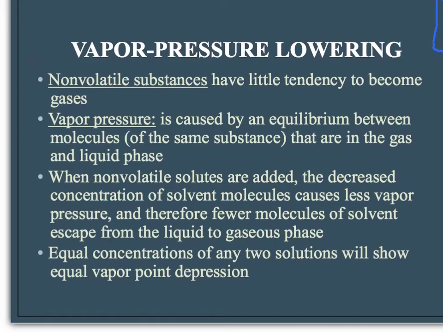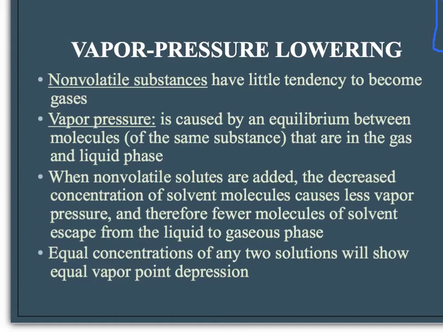It's important to talk about, though, what kinds of substances are really being described in this example of solutions. Volatile substances are very likely to form gases when heated. So volatile substances are things like water, for example. When you heat water, it quite easily becomes gaseous water.